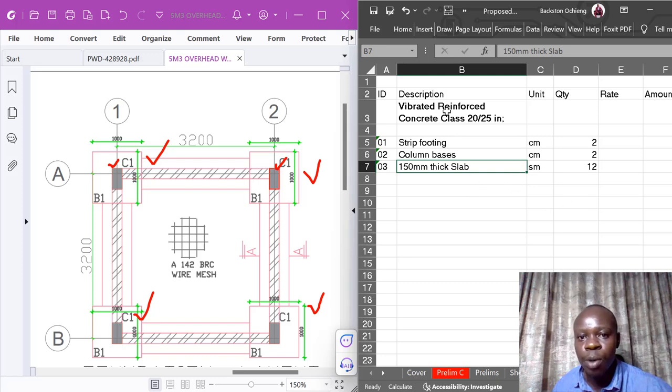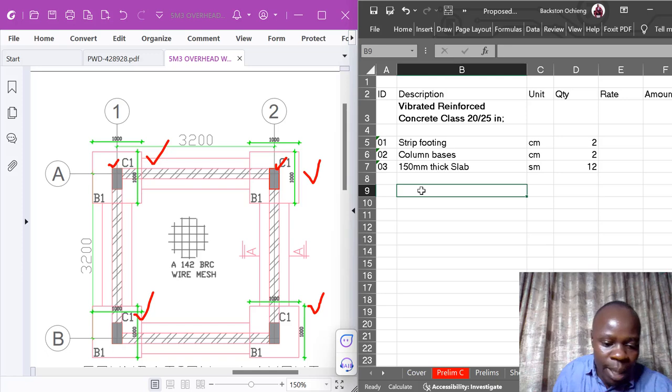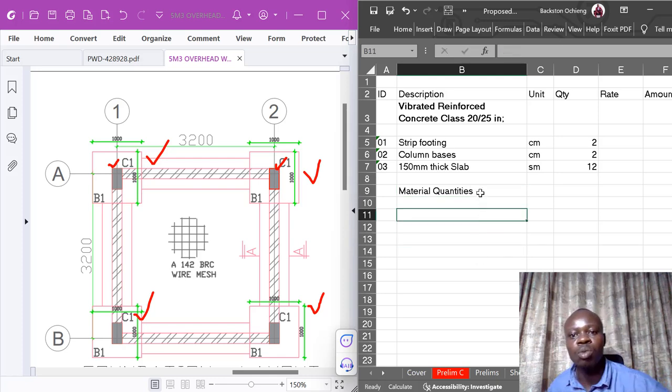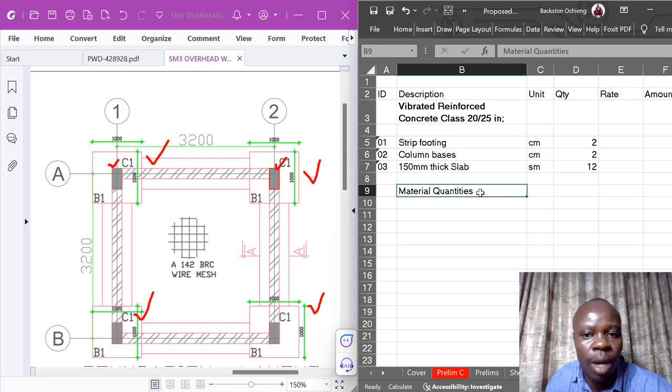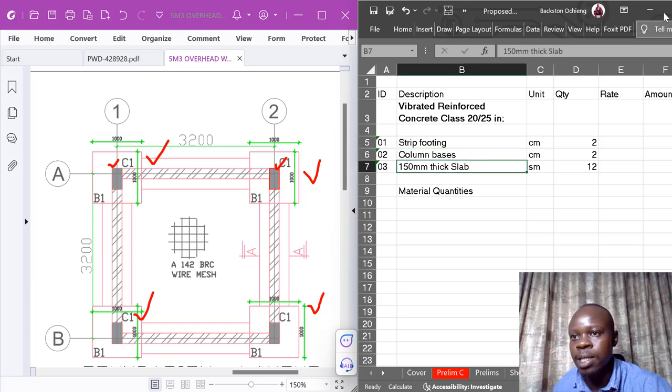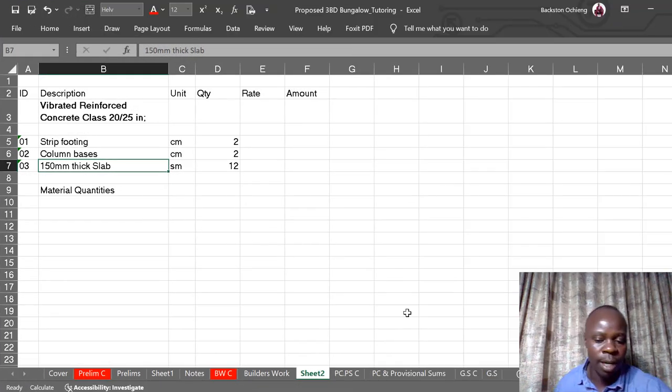The next portion, which we are covering next, is now to get material quantities of the items we've done. We've done the quantities in terms of the areas and the scope. So that brings us to this portion.